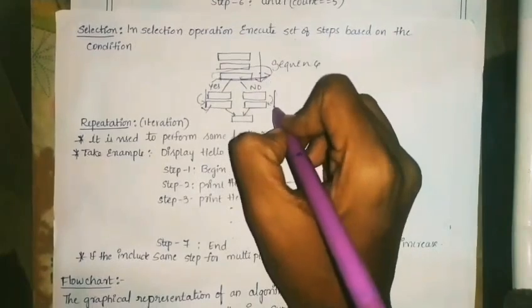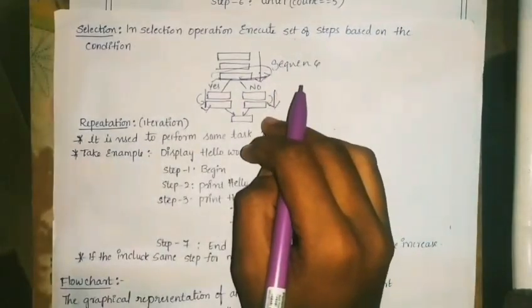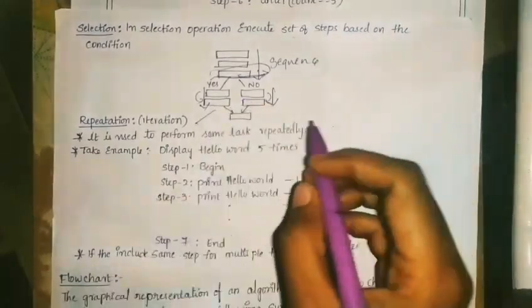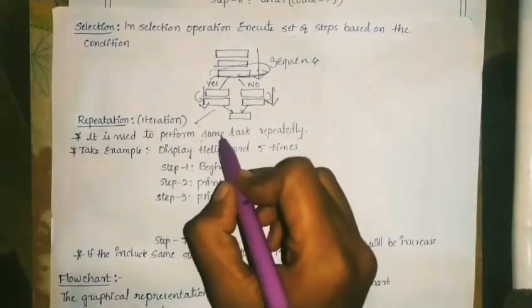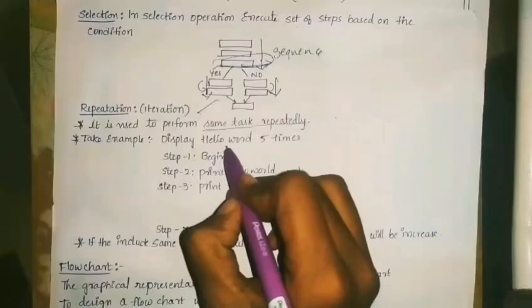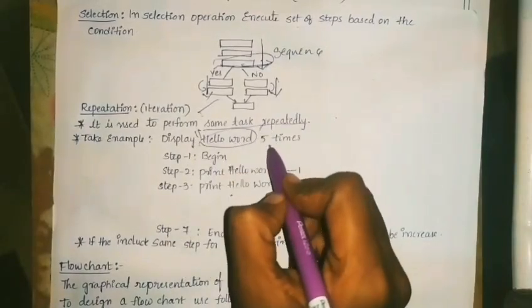If it is no, it executes these statements. And repetition means iteration. It is used to perform the same task repeatedly. Here, take the example of displaying the hello world word 5 times.